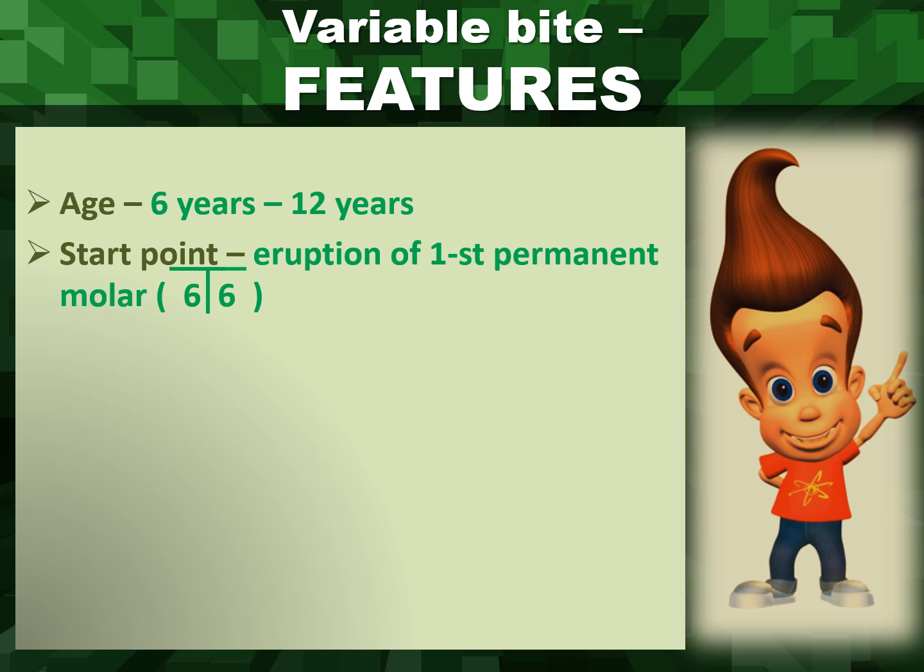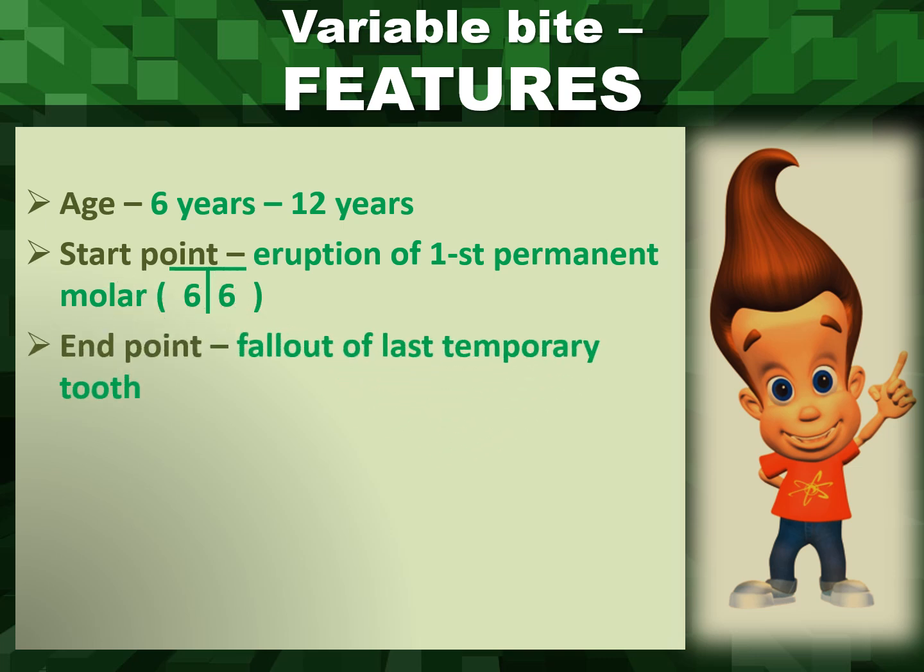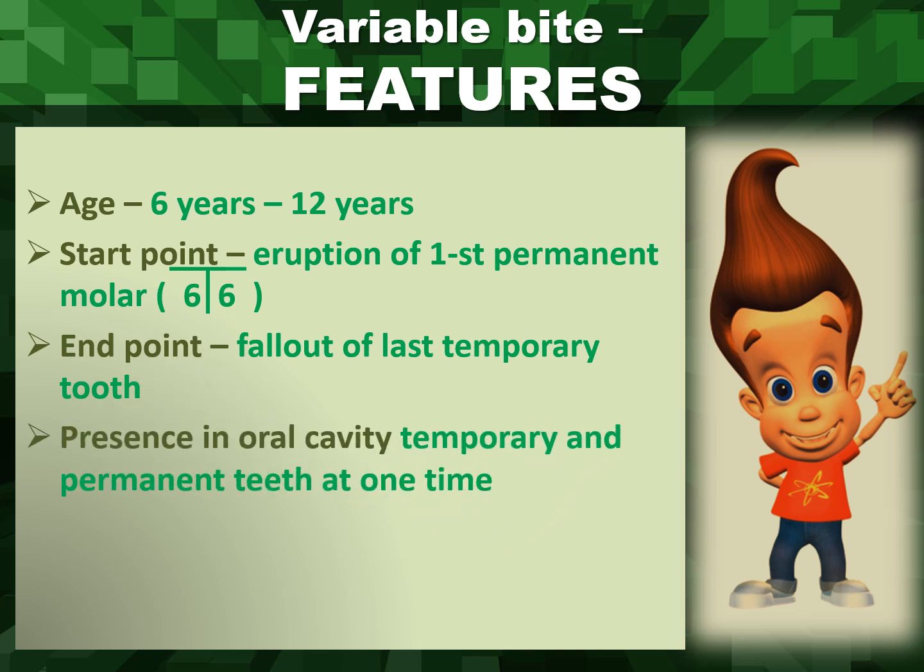Start point: eruption of the first permanent molar. As usual, it is the lower first permanent molar. And finishing point: fallout of the last temporary tooth. In the oral cavity, temporary and permanent teeth are present at one time.